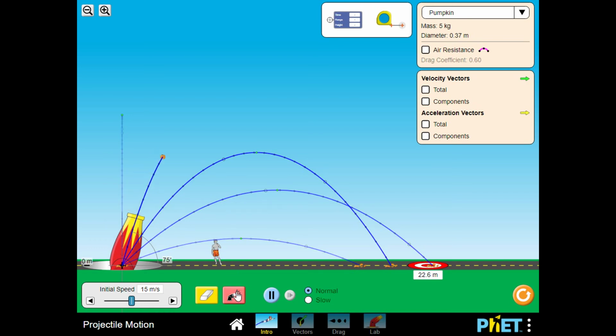And again, increasing within 75 degrees, the vertical displacement increases and the horizontal displacement decreases.